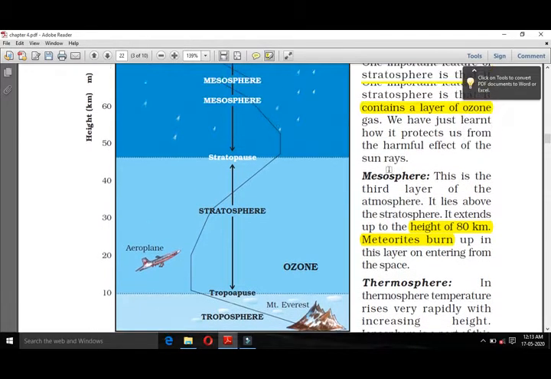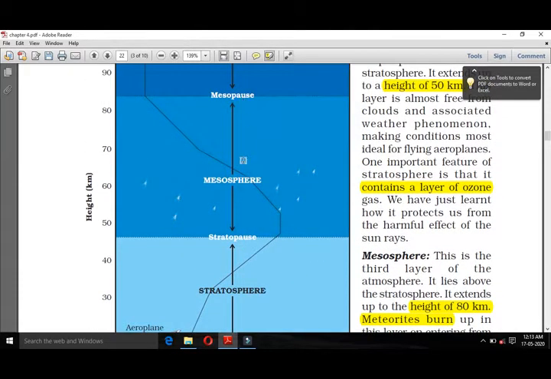Then the next one is the mesosphere. Mesosphere goes up to 80 kilometers. All the meteorites which come from space get burned there. We can see some at night also, meteorites burning and falling towards our earth. So they burn in this mesosphere.